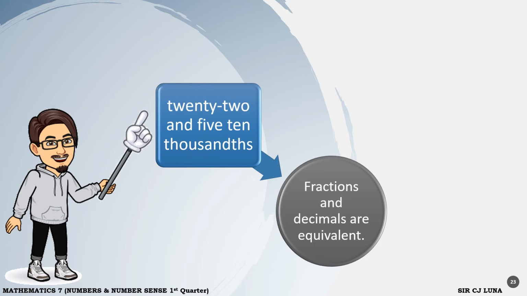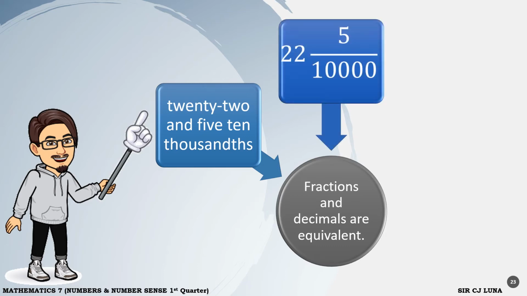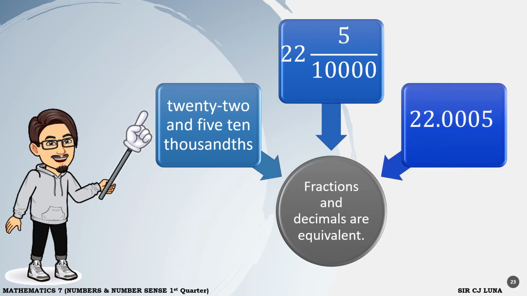How about 22 and 5 10,000ths? How are you going to write this in fraction? Okay, this is 22 and 5 over 10,000. Or if we will have this in decimal, we have 22.0005.